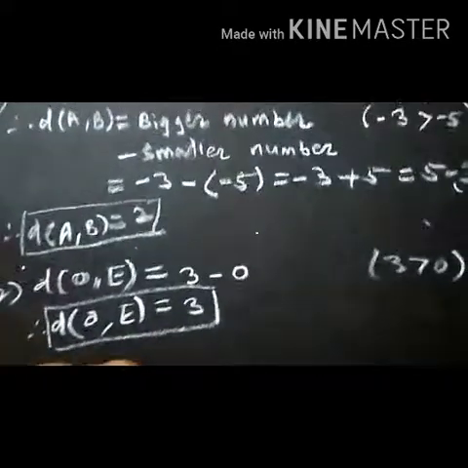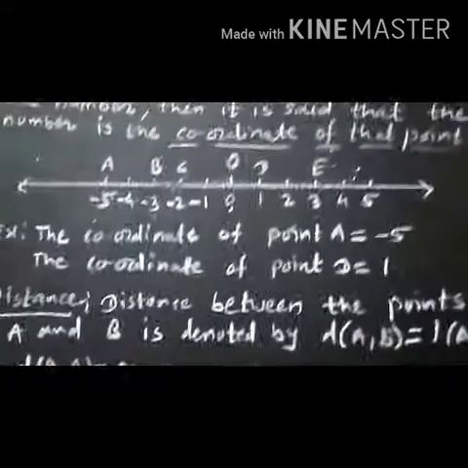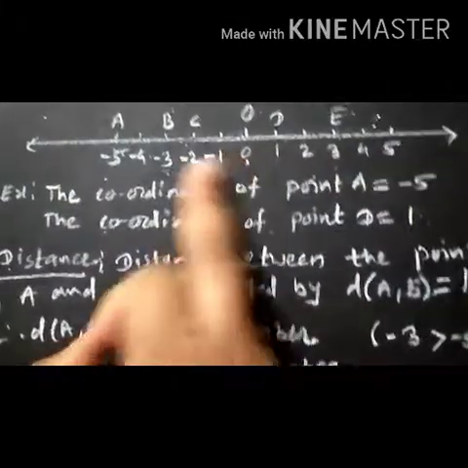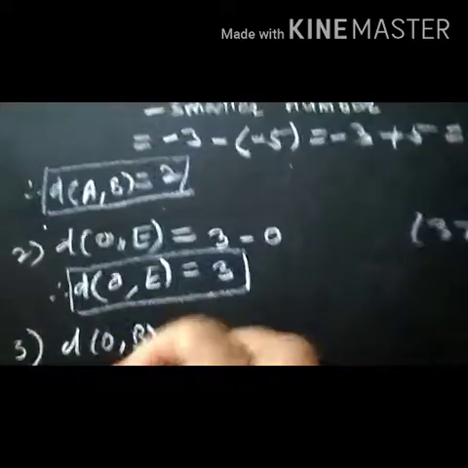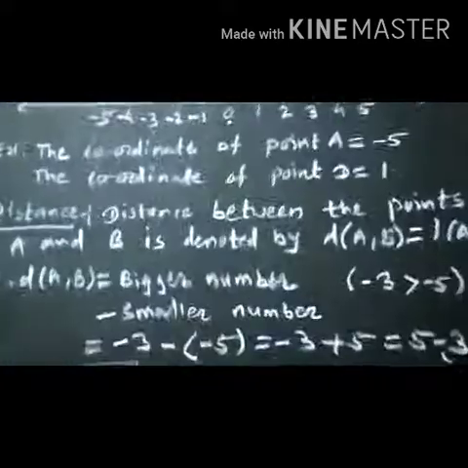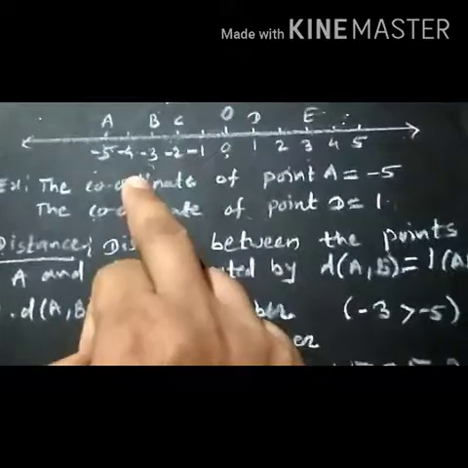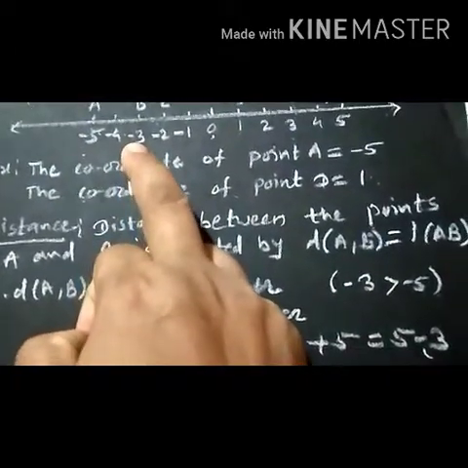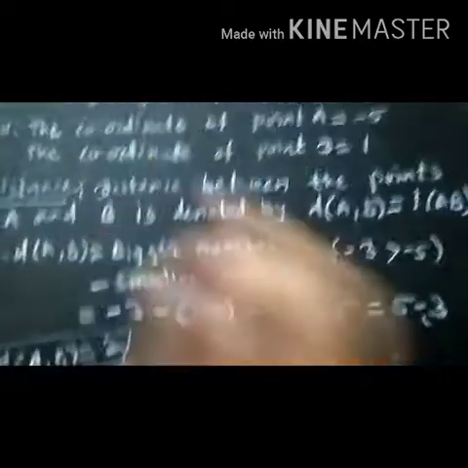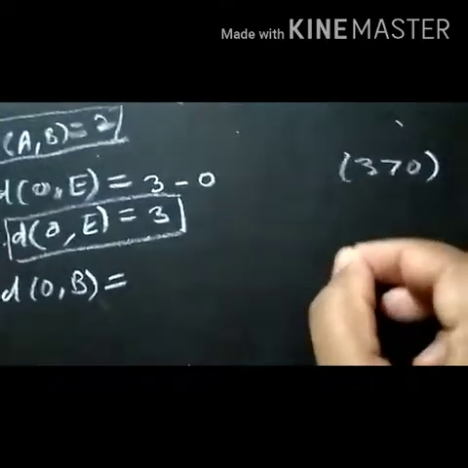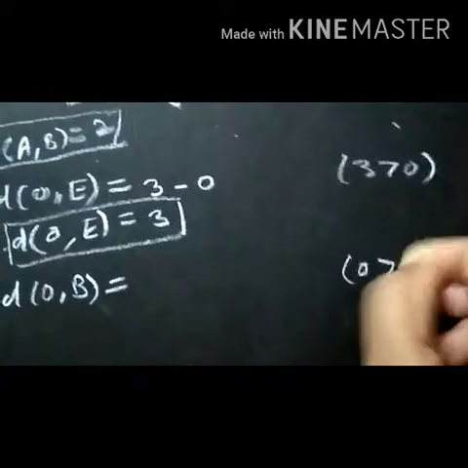Next, number 3, we have to find the distance between O and B, OB. Here the coordinate of point O is 0, and the coordinate of point B is -3. So numbers are increasing from left to right. Therefore 0 is bigger than -3. So here we can write 0 greater than -3.